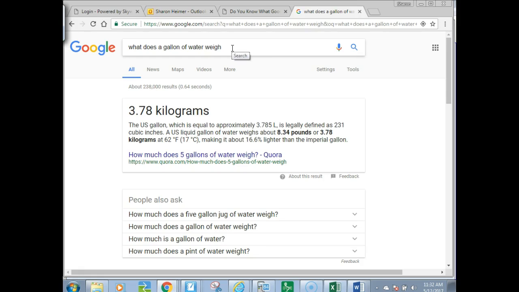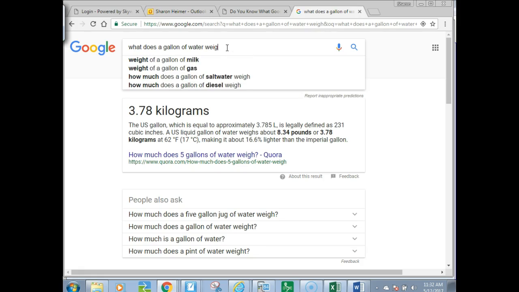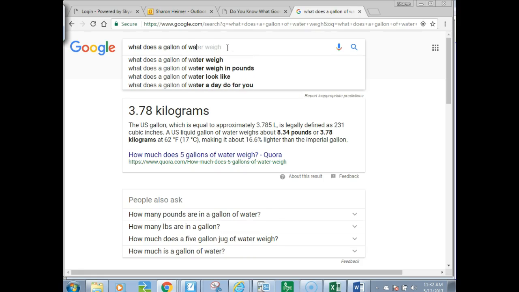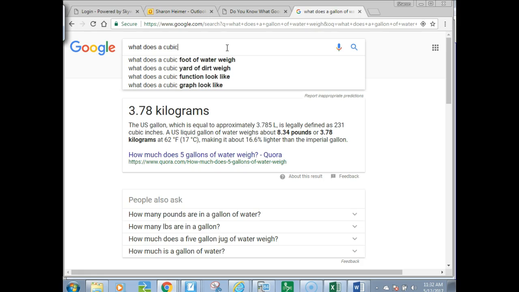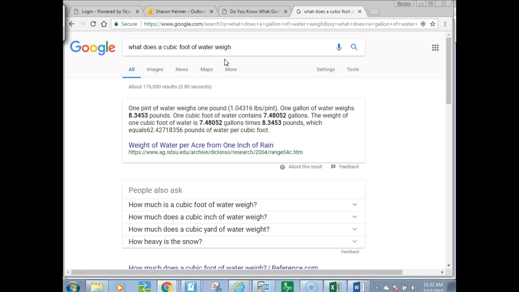That's right, pounds on there? Yeah. All right, then what was the last one? What does a cubic foot of water weigh? I'm just going to see that we were accurate. It's 7.48 gallons, and maybe we had that on there.